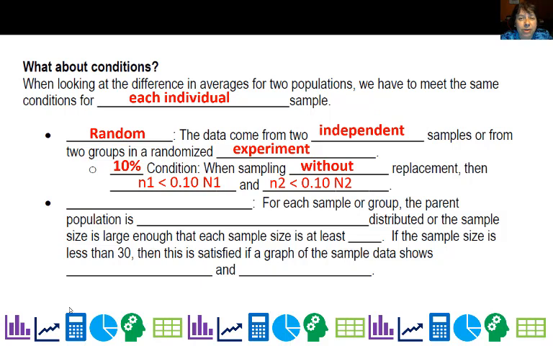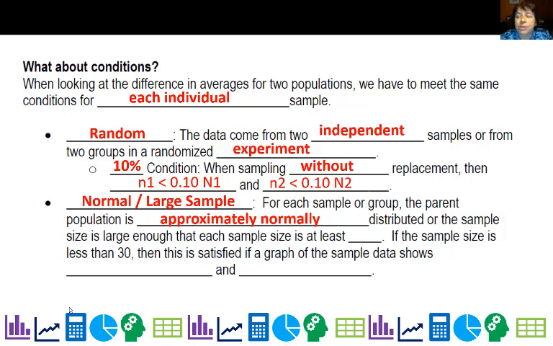Sometimes you can actually have trials and experiments where you can keep trying and there's no real limit on the population. So we also have the normal large sample condition for each sample group. The parent population is either approximately normal, in which case you're done. You're like, oh, if the parent's normal, then the averages are normal.